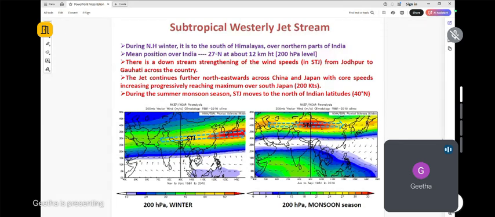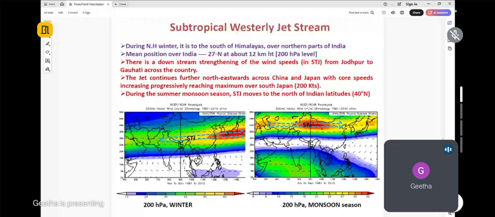This is the jet here, over the Indian latitude, something along 27 to 30 degrees north. So during winter, the subtropical westerly jet stream is seen to the south of the Himalayas over the northern parts of India. Its mean position is something like 27 degrees north at 12 kilometers height. And there is downstream strengthening of wind speeds.